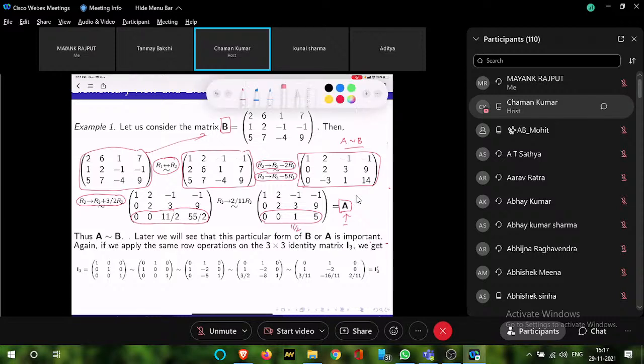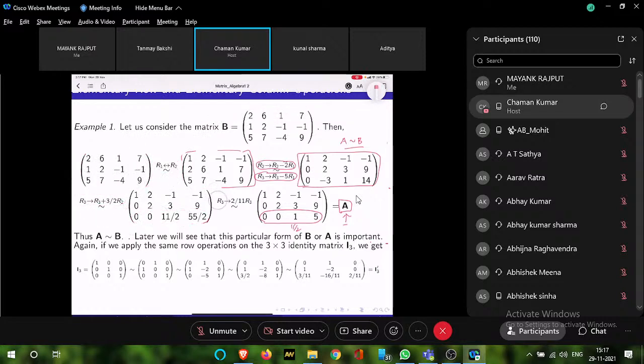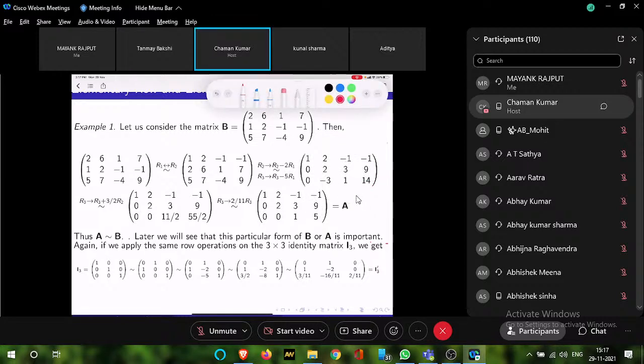That is why we always say that A and B are equivalent. So this is a symmetric relationship. From A to B you can go, and similarly from B to A you can go by using some sort of elementary row operations.